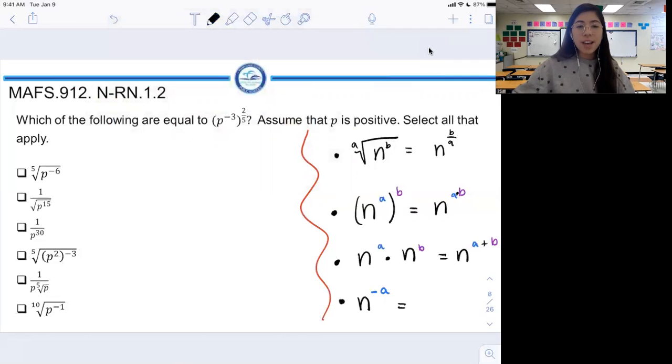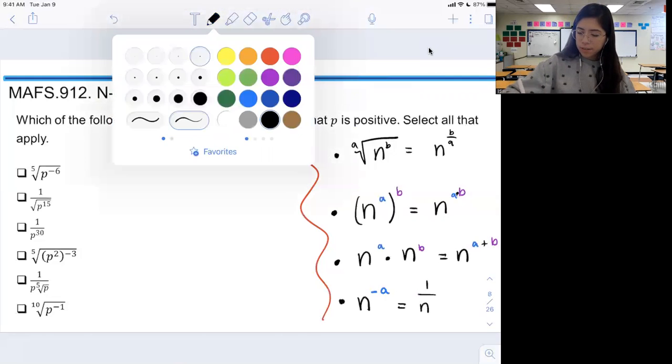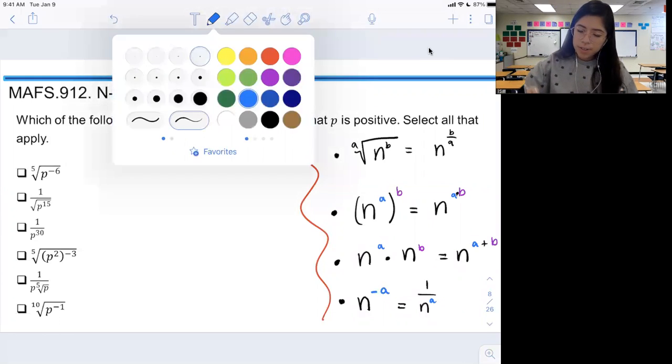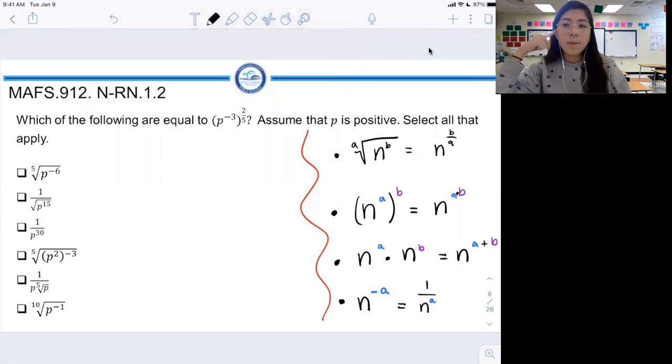If you have a negative exponent, the whole thing gets turned into a fraction. This one is probably the most confusing of them all, but let's see how this works. Here, first things first, I have parentheses and exponents.